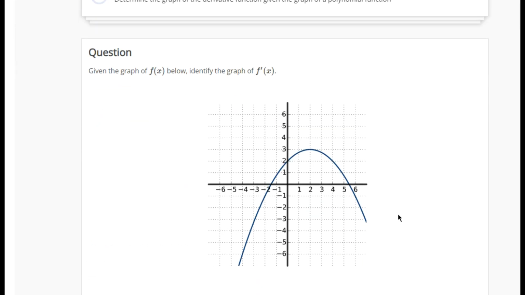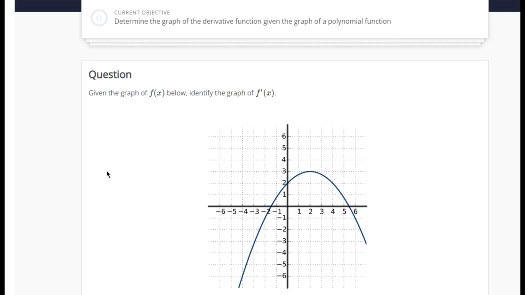Given the graph of f, identify the graph of f prime. Well, the graph of f prime here will be a straight line. Let me show you. Let's draw a picture of the situation.